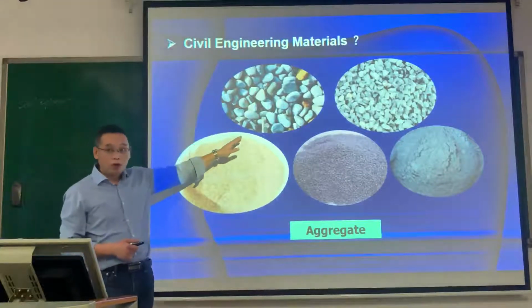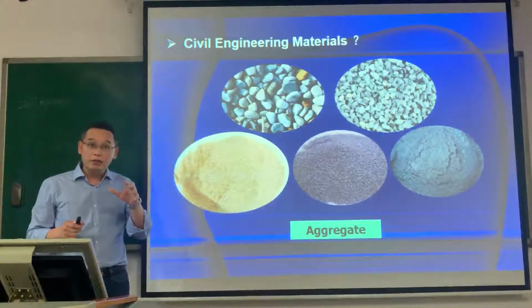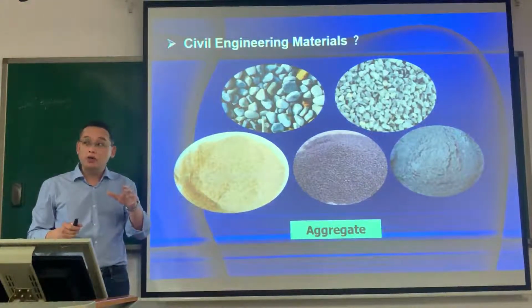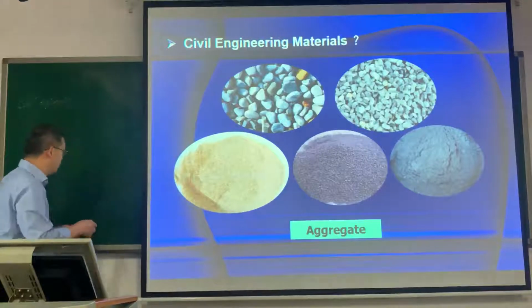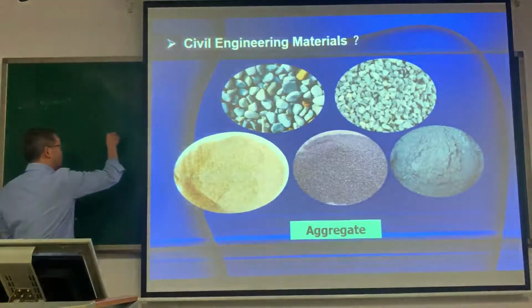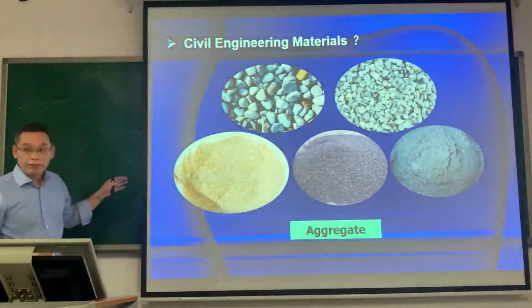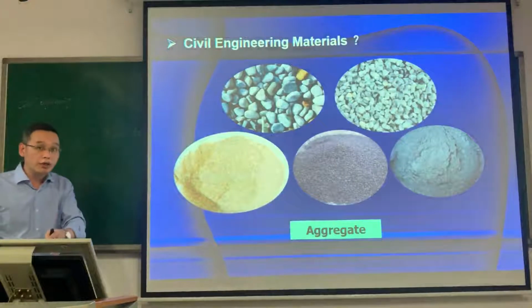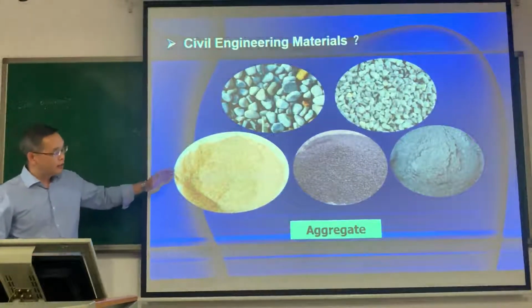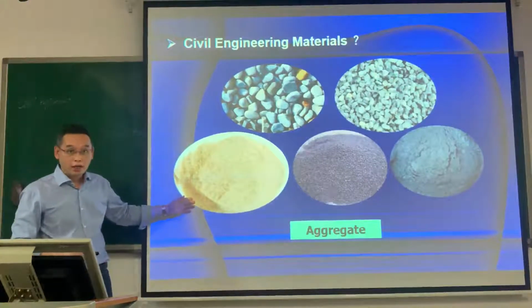The coarse aggregate is the skeleton or frame of the concrete. And then the fine aggregate is for the density of the concrete.